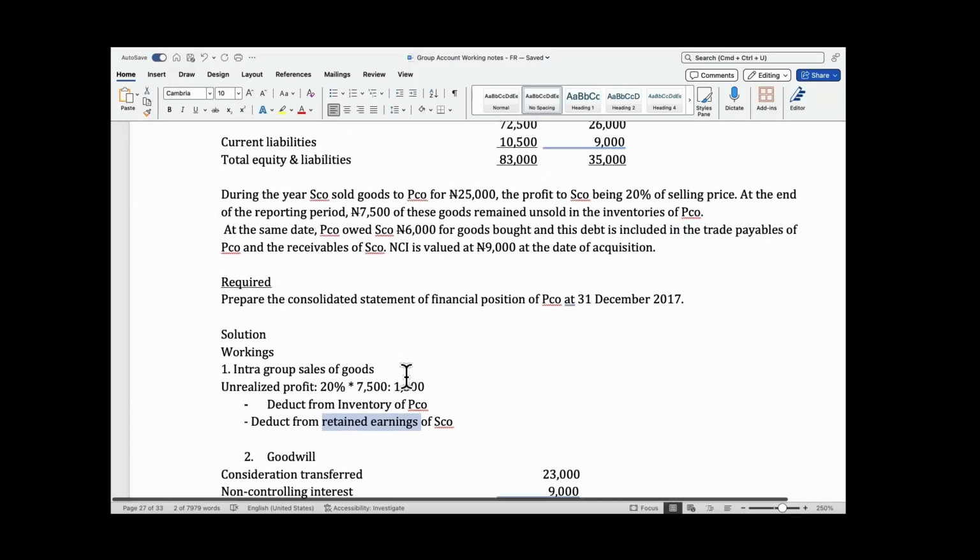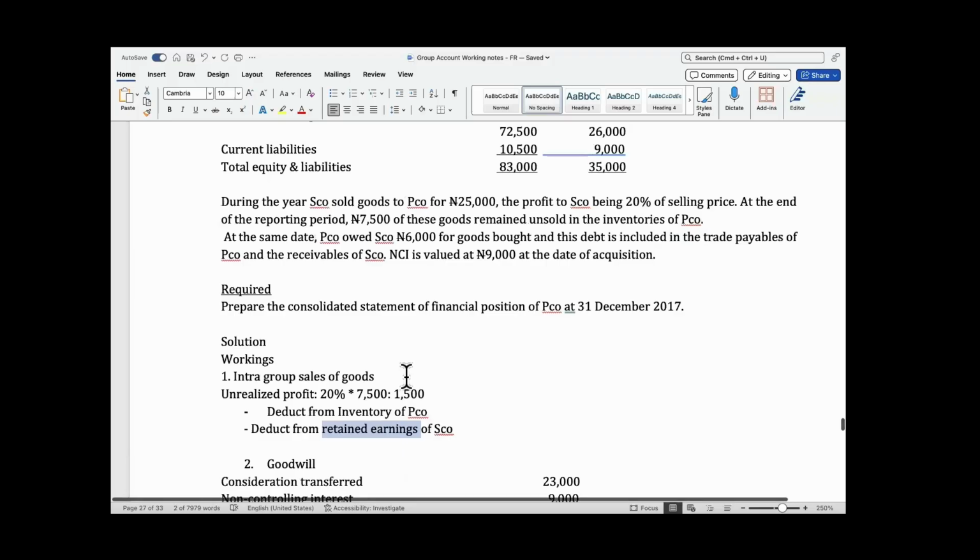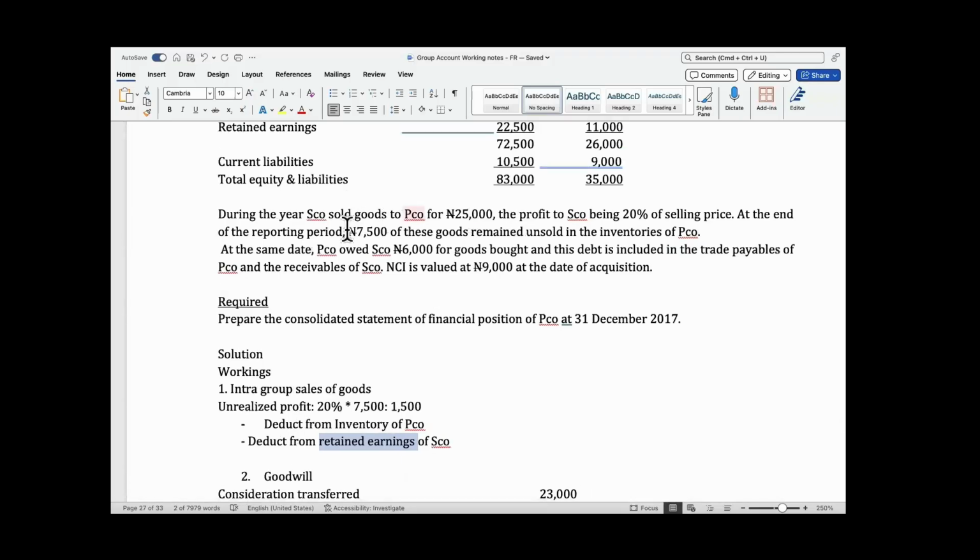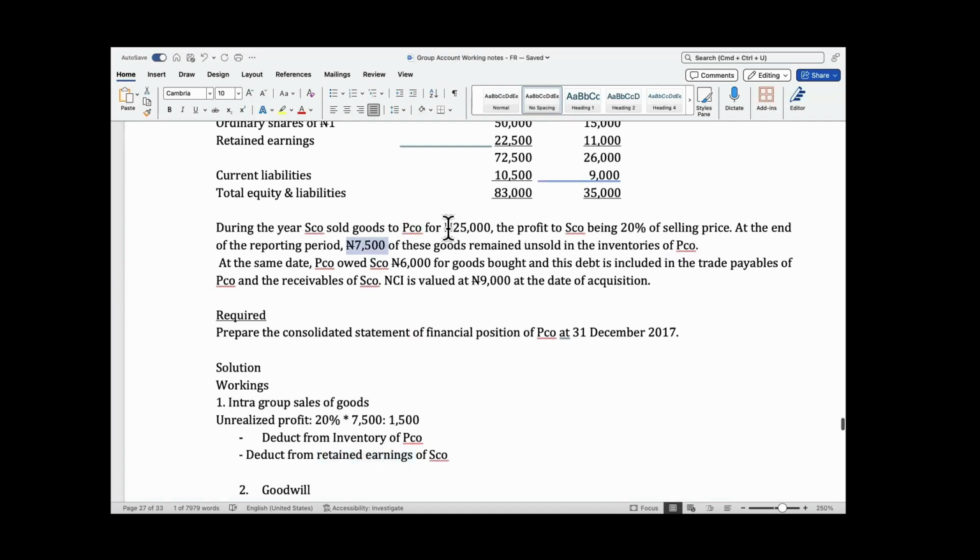The way you calculate the unrealized profit is you calculate the profit loading on any unsold goods. So even though they consummated 25,000 transactions between themselves, only 7,500 remain within the group. So the unrealized profit is to the extent of what has not been sold out, because that's the one that is unrealized.